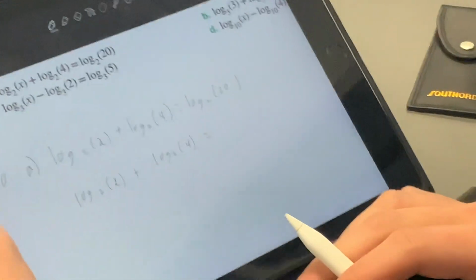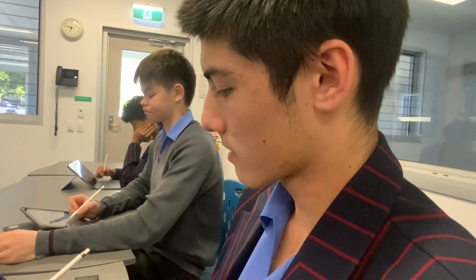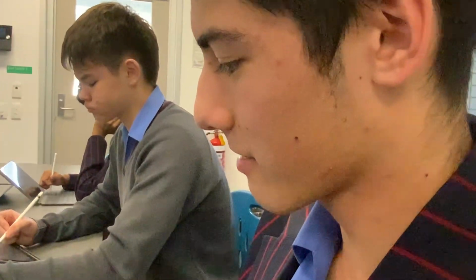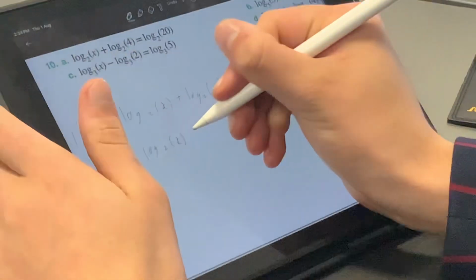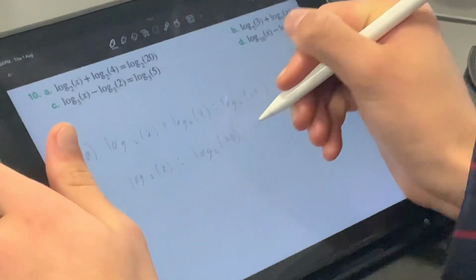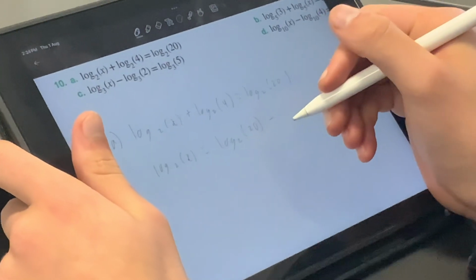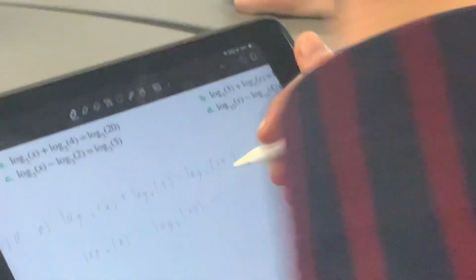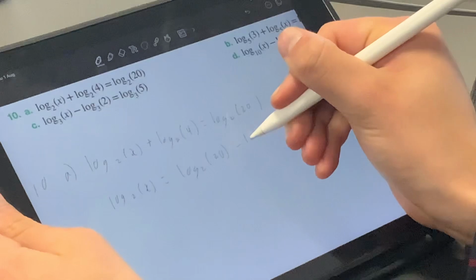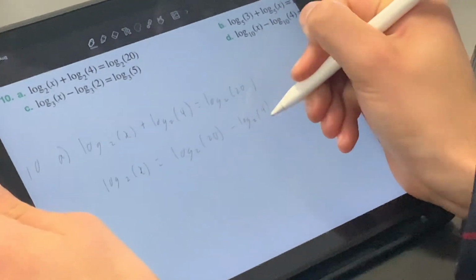Before we do any of that, we're going to make it log 2 x equals log 2 20 minus log 2 4, because plus here becomes minus over there.